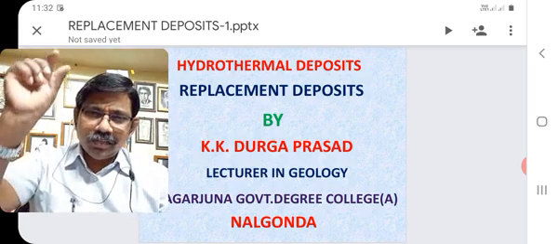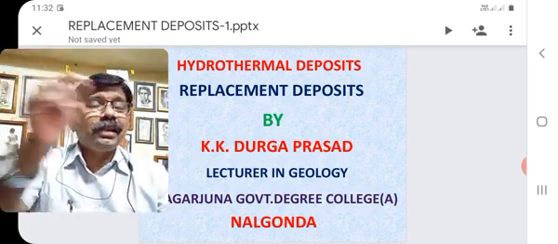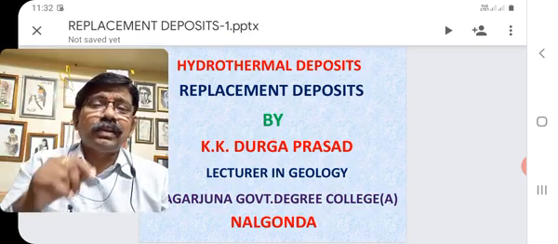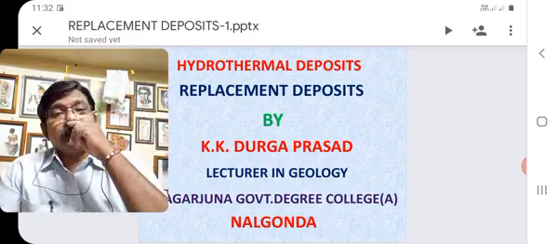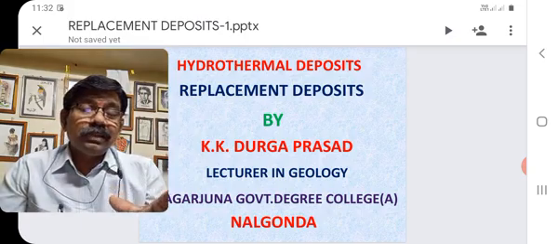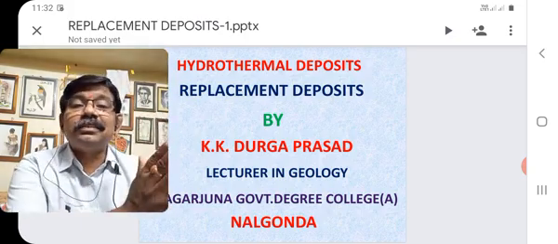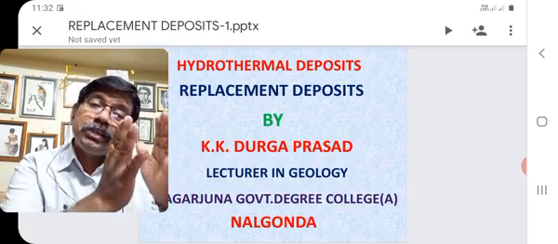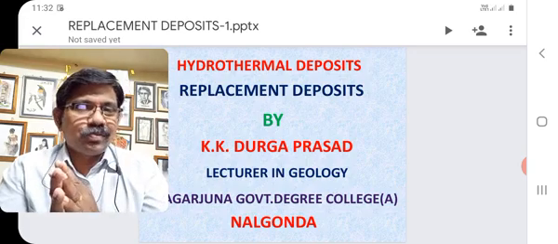The mineral deposition classification was made by Alan Bateman in 1940, and it was again modified by Jensen in the 1970s. In that classification, if we see the side headings and subdivisions, we can see how big a chapter the hydrothermal process is.